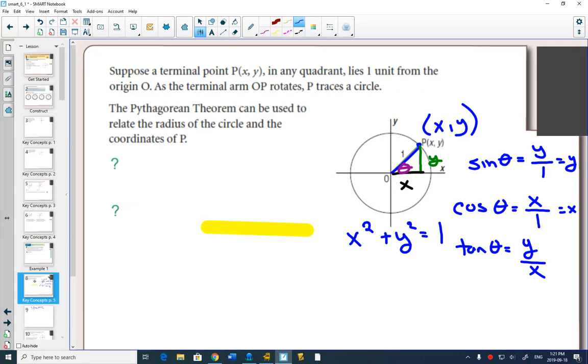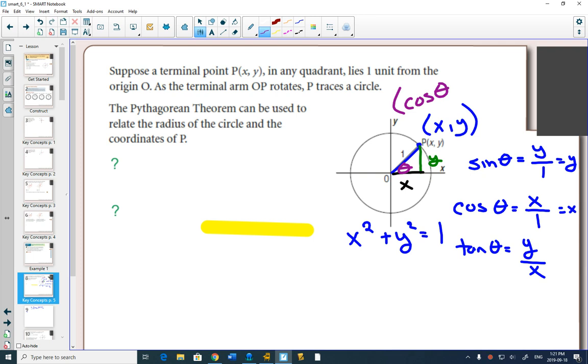If I pick a random point on the unit circle with a radius of 1, and I notice that sine of theta is equal to y and cos of theta is equal to x, I can now rewrite that point x comma y. Instead of x, I can say, well, x is just the same as cos of theta.